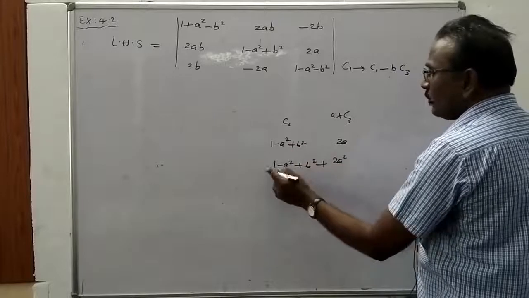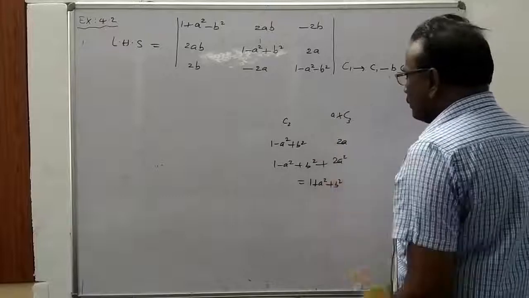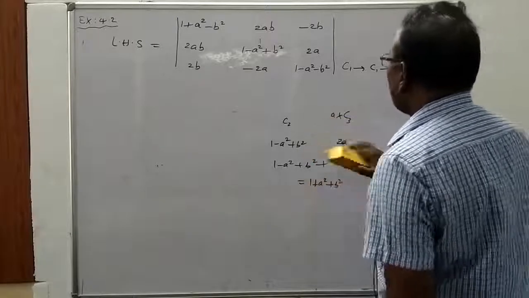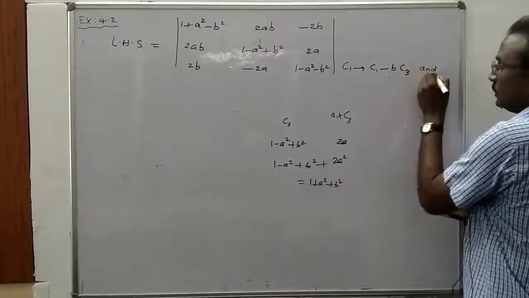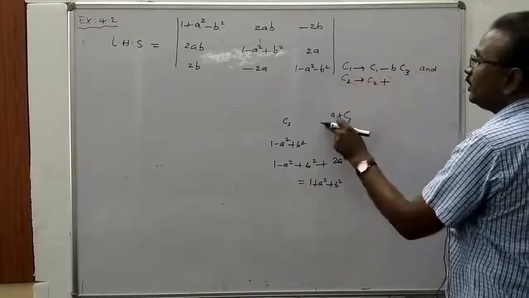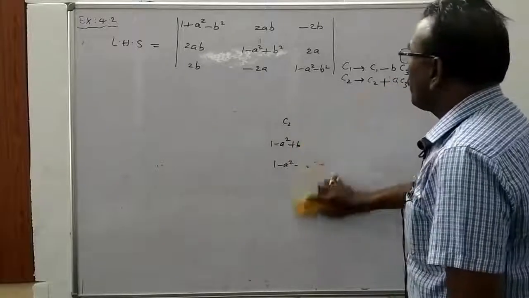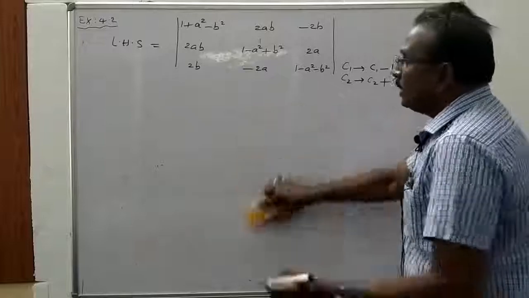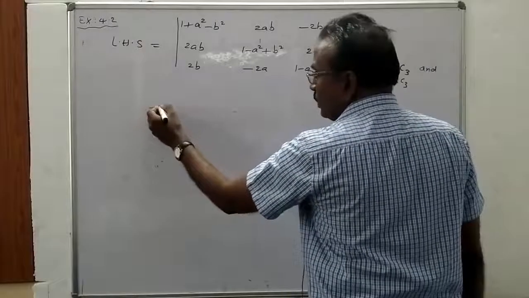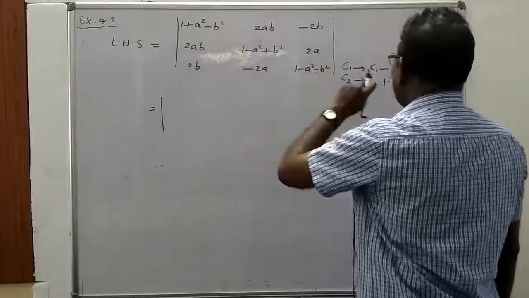The value is 1 minus a square plus 2a square is 1 plus a square plus b square. Again we get the common 1 plus a square plus b square. Therefore applying c2 is c2 plus a times of c3.